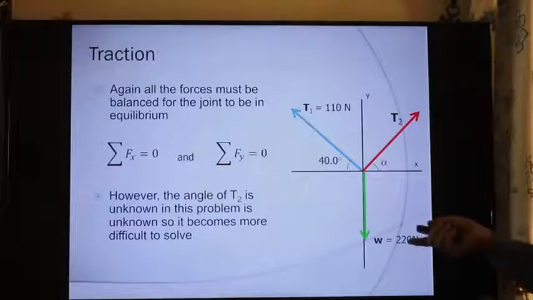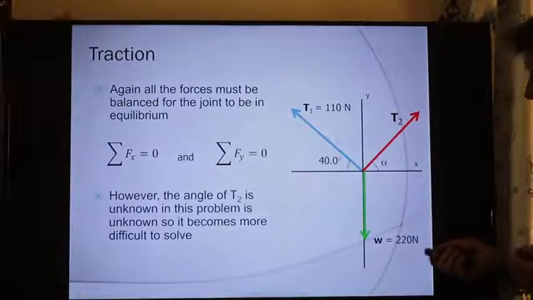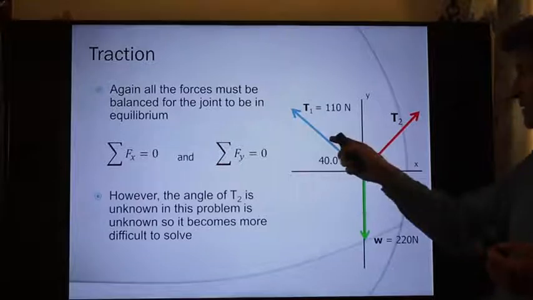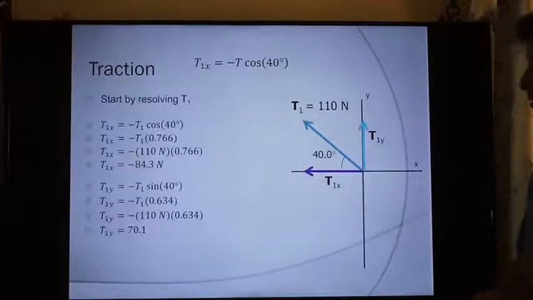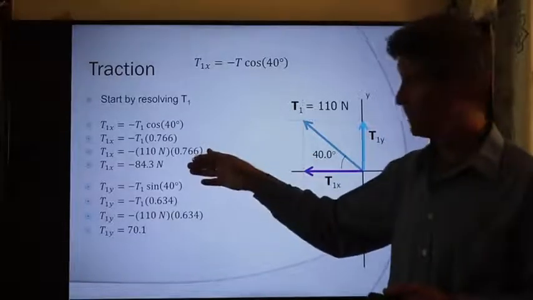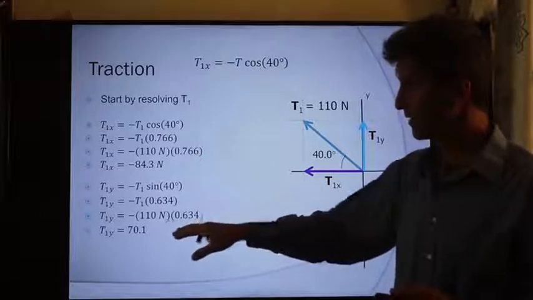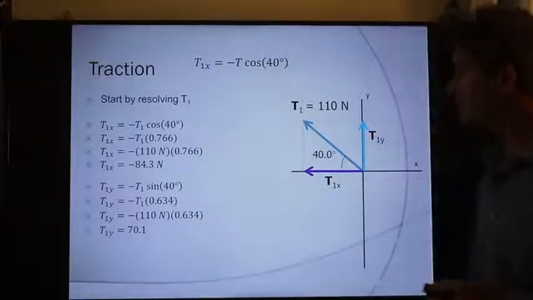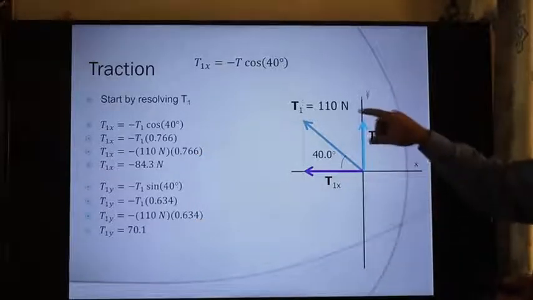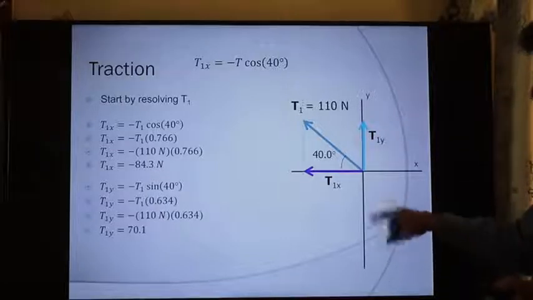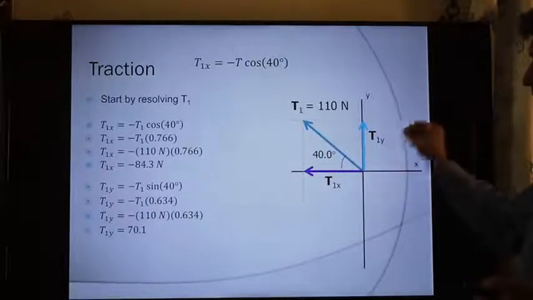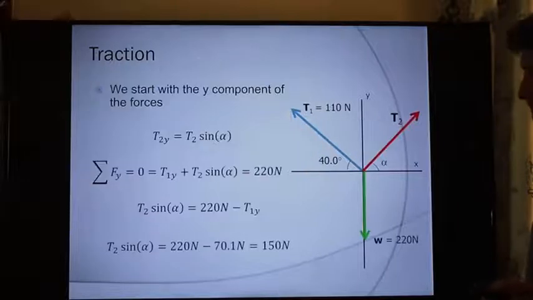All right, let's figure this out. The sum of the forces in the x direction equals 0. The sum of the forces in the y direction equals 0. Let's find the forces that we know. I resolve the T1. That's how much tension in the x direction. That's how much tension in the y direction. Now, I have the one force. I have the other force. I need to find the other force and the angle.